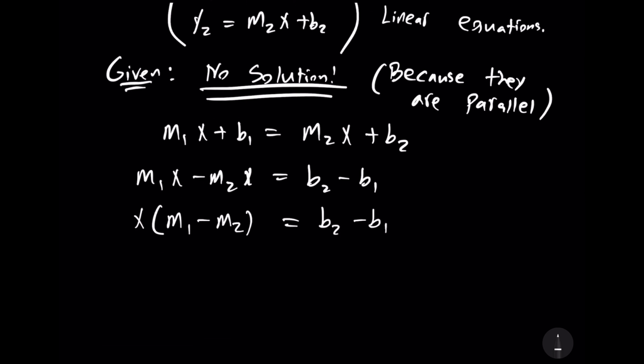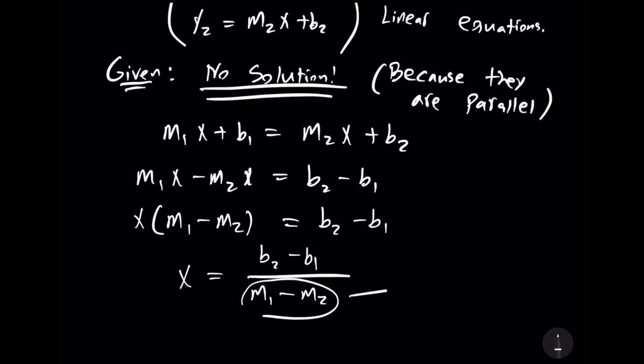We'll divide m sub 1 minus m sub 2 on both sides of the equation. And then we'll end up with x is equal to b sub 2 minus b sub 1, all divided by m sub 1 minus m sub 2. But we know there are no solutions. We also know that if that denominator happens to be 0, that's undefined.